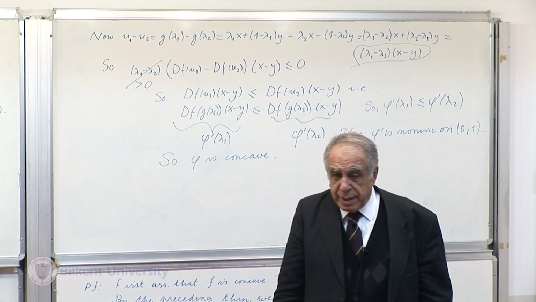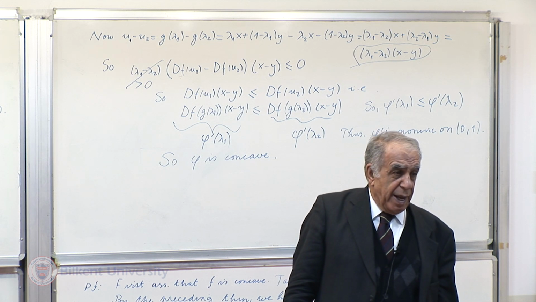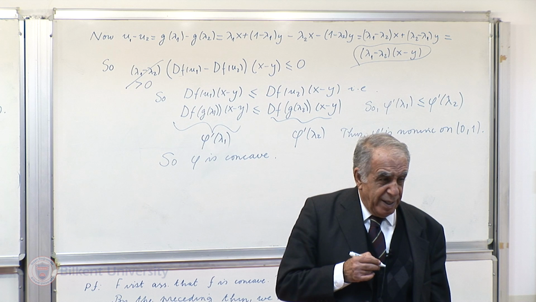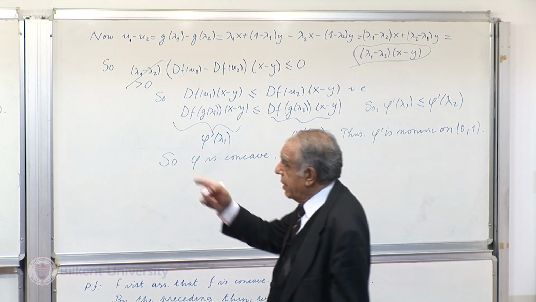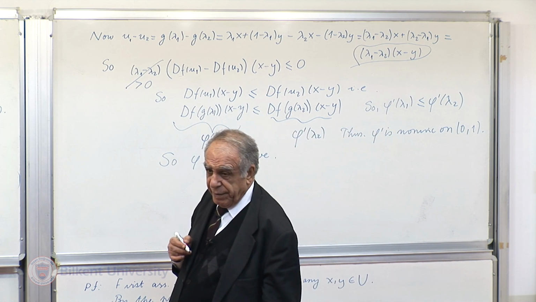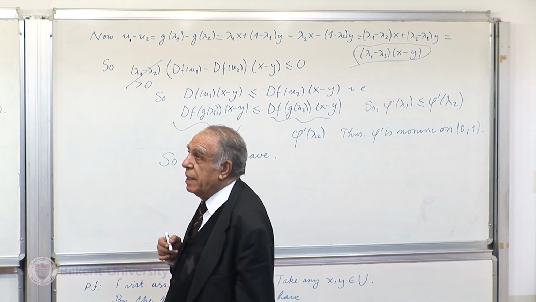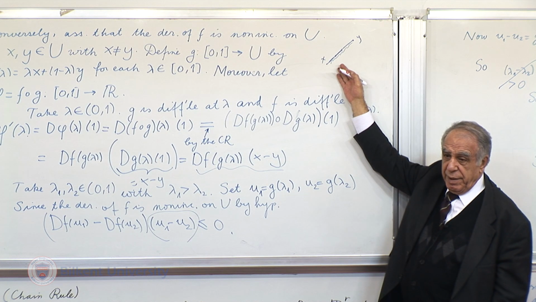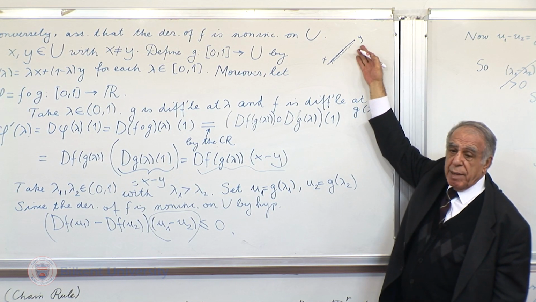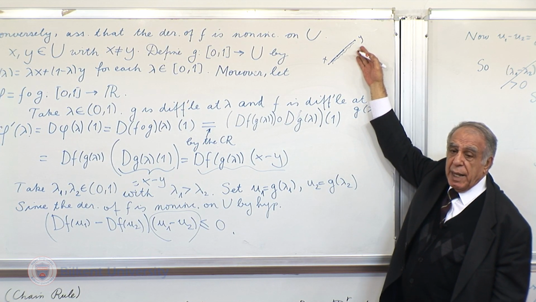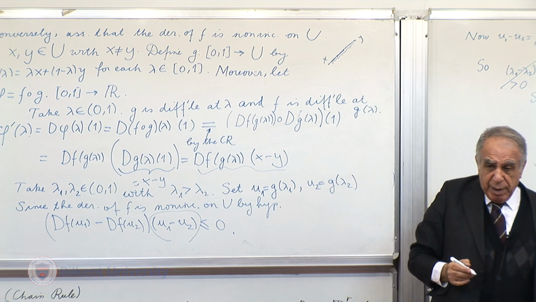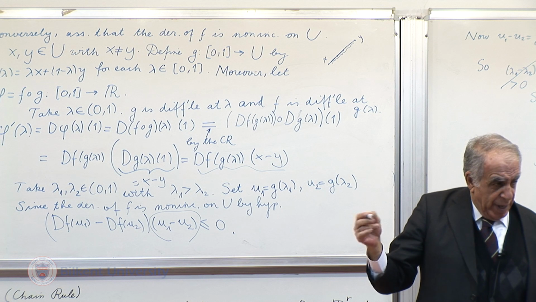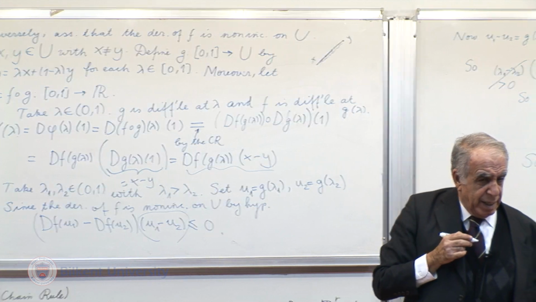Now, the next question is, how can we use the concavity of phi to obtain the concavity of f? Well, the concavity of f, it's f of lambda x plus 1 minus lambda y. That should be larger than or equal to lambda f of x plus 1 minus lambda f of y.